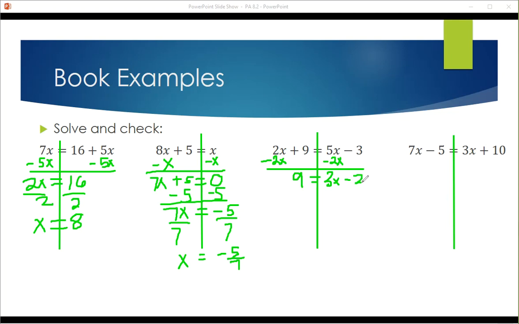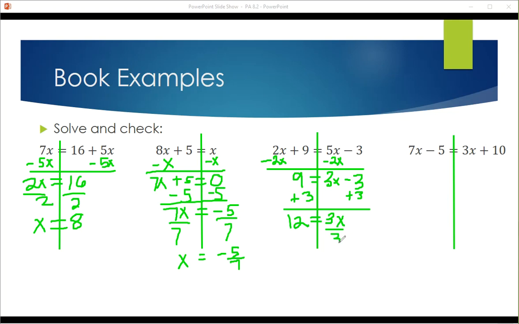Okay. Then I need to move my 3 over to the other side by adding. Which will give me 12 is equal to 3x. To get the x by itself, I need to get rid of that 3.